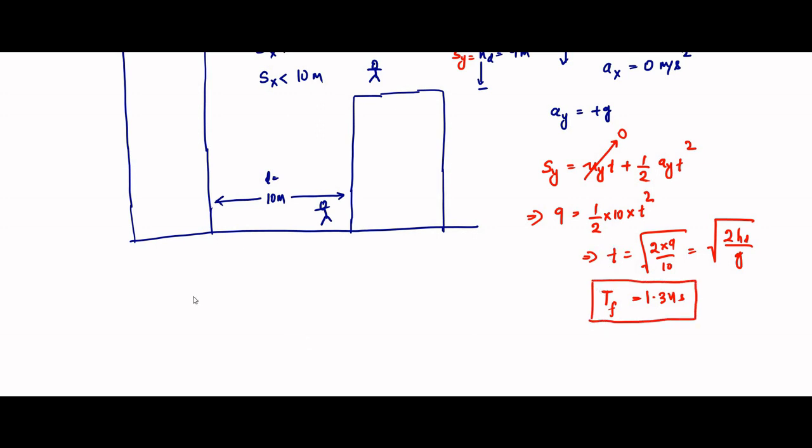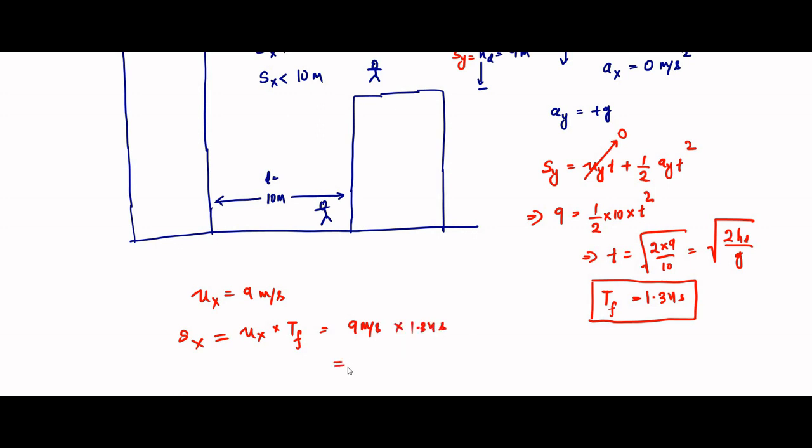Now the horizontal velocity of the man is how much? Ux is equal to 9 meter per second. So we want to know how much horizontal distance it covers in this time of flight. It is simply equal to horizontal velocity into time of flight, which is equal to 9 meter per second into 1.34 seconds.